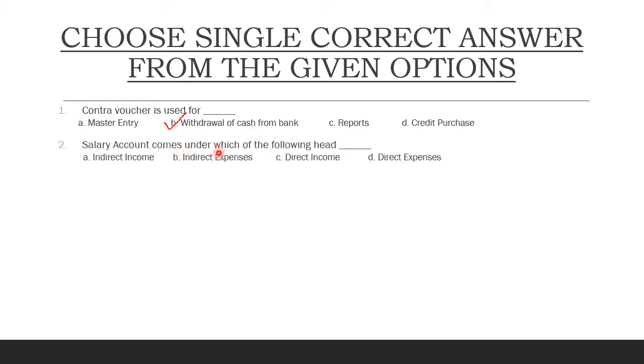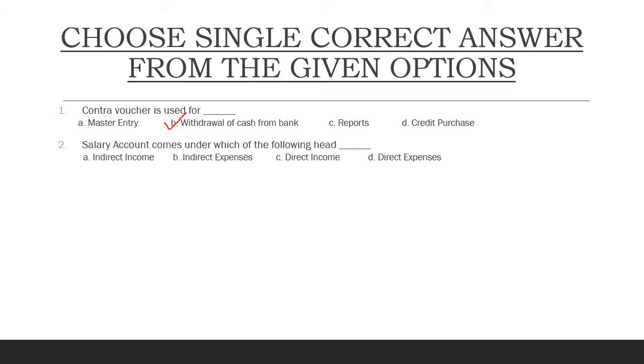Salary account comes under which of the following head? Indirect income, indirect expenses, direct income, direct expenses. So salary account, you know what it comes under? Yes, it is nothing but indirect expenses.